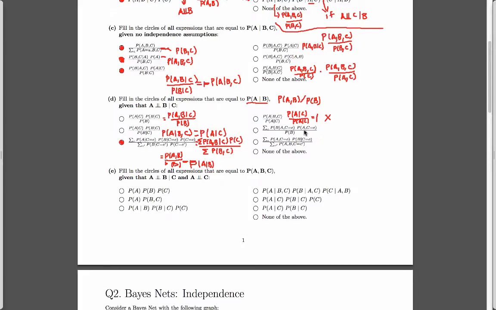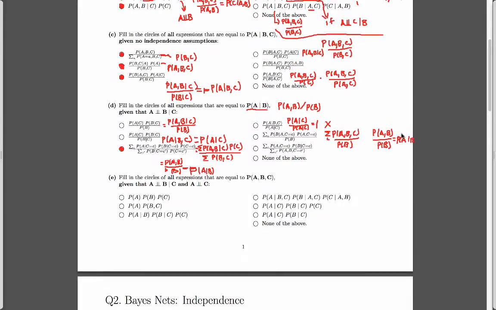Now looking at this next option, we have probability of B given A, C times probability of A, C summed over C. So this is summing over the values of C, probability of A, B, and C. And we have the probability of B on the bottom. Similarly to this third option, this gives us probability of A and B divided by the probability of B, which is equal to the probability of A given B. So this is correct.